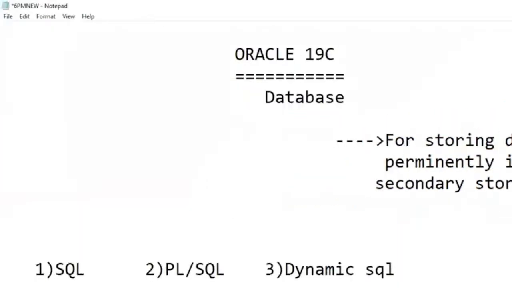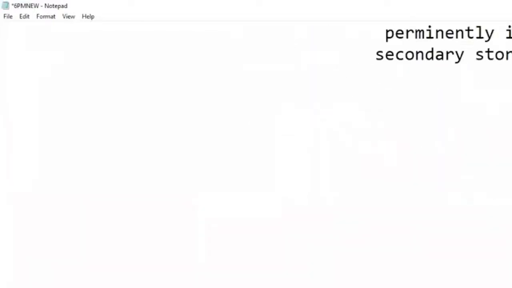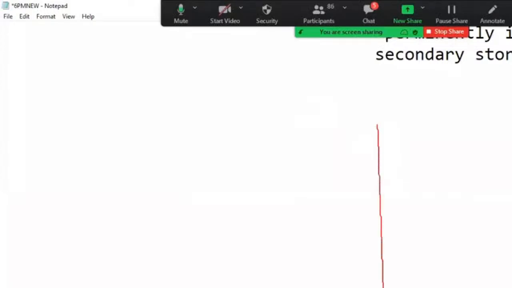But not only permanently storing the data, but also efficient retrieving of the data. What I told in previous classes: database means it is a place. Whenever we install Oracle, SQL Server, DB2 in our system, automatically one place is created. That is called a database.